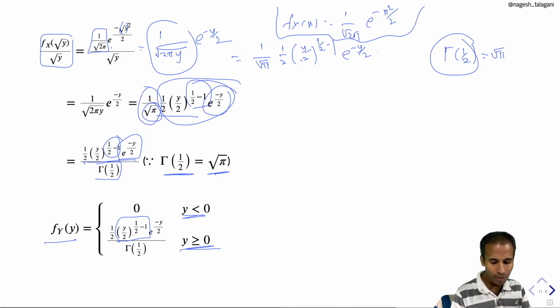There is one reason I put it in this way: it is going to be a more general distribution. This particular one has a name, something called the chi-square distribution with 1 degree of freedom.